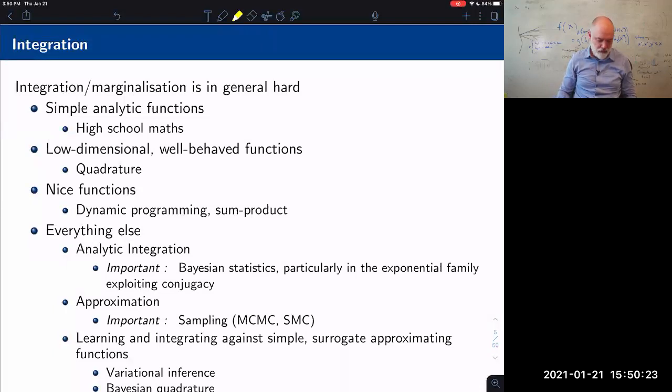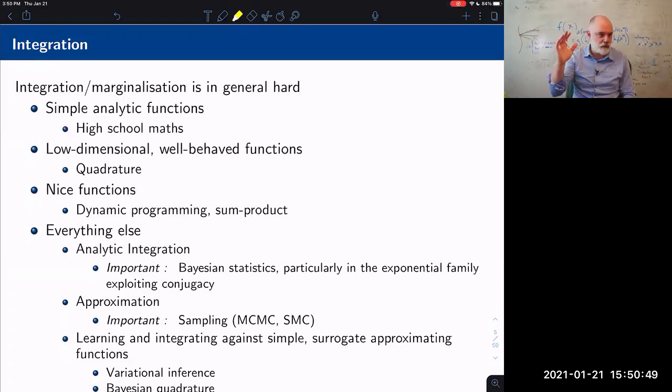Okay, so integration, which I'll often colloquially call marginalization, because that generally requires integration. You should just think, when you hear marginalization, it's integration, right? It is generally hard. If you have simple analytic functions, you can look them up in your favorite calculus textbook. I'm motioning at my bookshelf in front of my desk now, right?